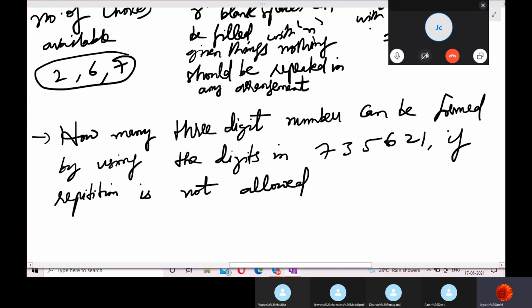That means if the problem is given without repetition, use the above formula nPr. You cannot repeat the digits again and again. So please tell me what is the solution or answer for this. Come on, all of you, please solve this.